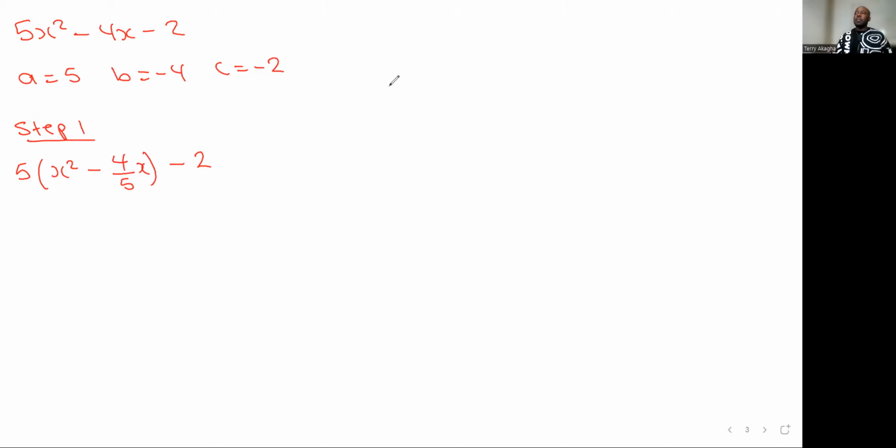Now, the next step is that you have to apply the 7 rules we talked about in the previous video to this part alone. So I'm going to solve it in this part of the board. We have x squared minus 4 over 5 x, so that means c is 0. As I told you in that video, you open a bracket, you put x there, and you put squared.